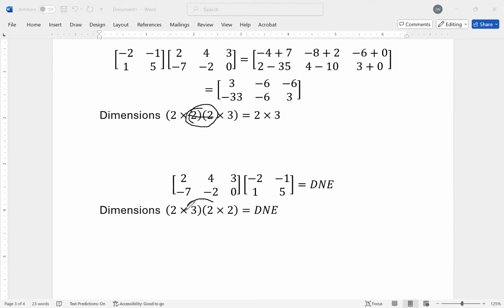Here, we had a 3 matching up with a 2. The number of columns is the number of entries in a row. That needs to match up with the number of rows in order to be able to multiply. So that's the idea.